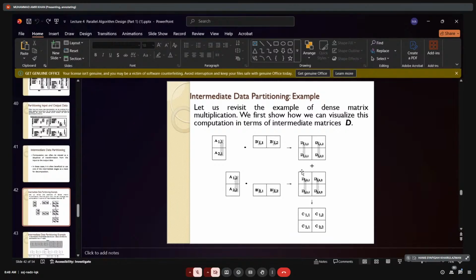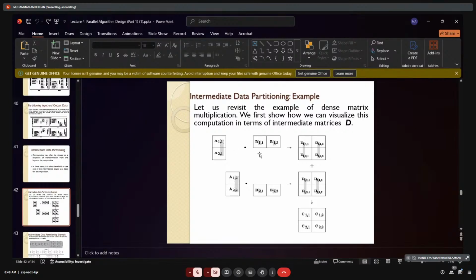So we get the answer like C11, C12. This is the resultant matrix. This is maybe one of the values of the D matrix.